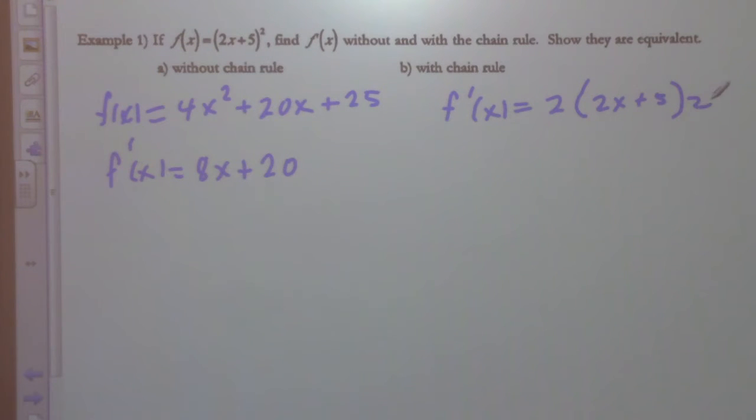So f prime of x would be equal to, two times 2 is 4, so you have 4 times 2x plus 5, and we distribute that, we get 8x plus 20.